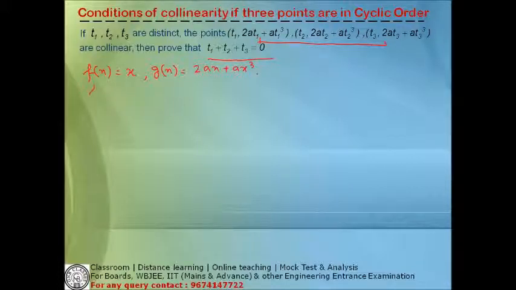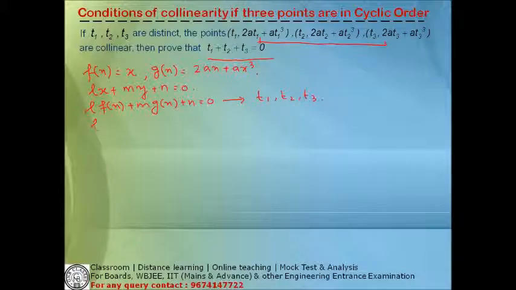So the straight line on which it lies, we can say it is lx plus my plus n equals 0. Now all those points must satisfy it, so we can write l f(x) plus m g(x) plus n equals 0. This equation has three roots, t1, t2, and t3, isn't it?